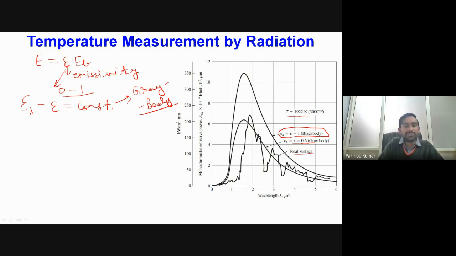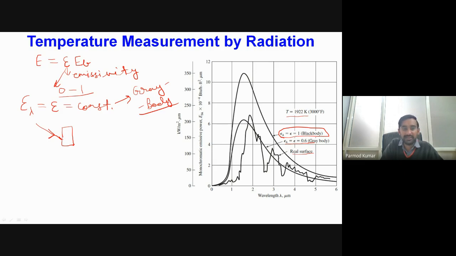One important consideration also comes when some radiation is incident on a surface.